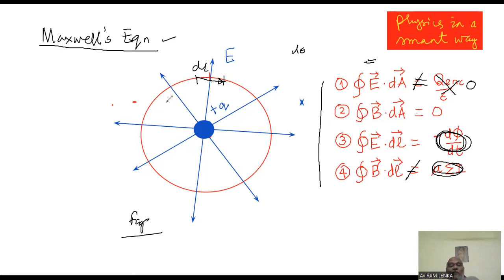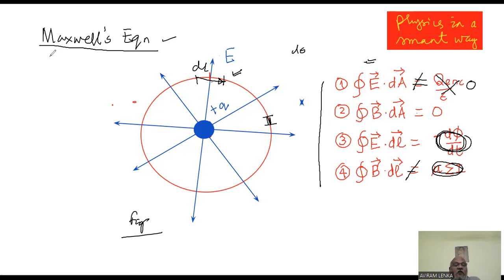So we consider a small displacement on the path anywhere. I have shown you here. dl is a small displacement, has got a direction that is towards right. You may also take towards left. That depends on the way you want to move. So electric field is shown. Electric field is radiated outwards.